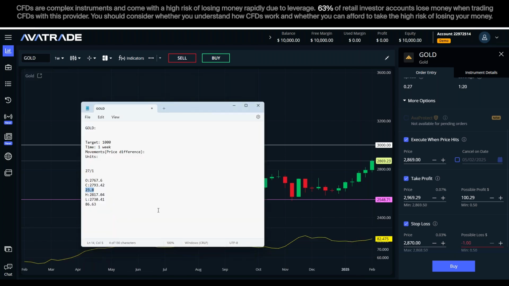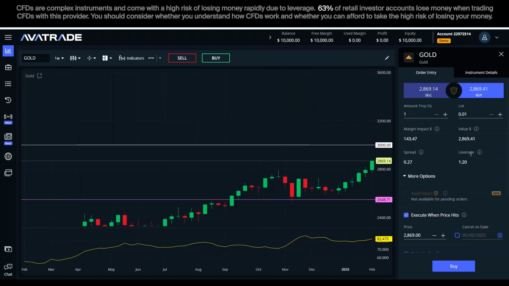$82 and not 23, which is almost what it moved last week. Okay, so 82 is the ATR, not bad. And the potential average movement that I think it can move will be maybe 80, just as an example. Now, if for instance, I'm looking at the 3,000 mark and I'm thinking, is this something that gold can get to?